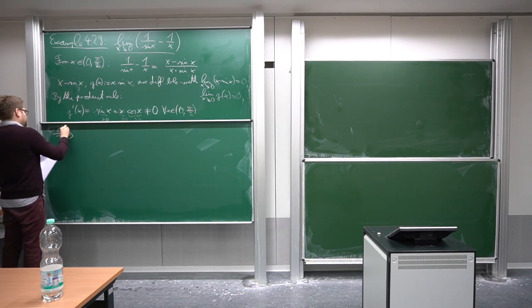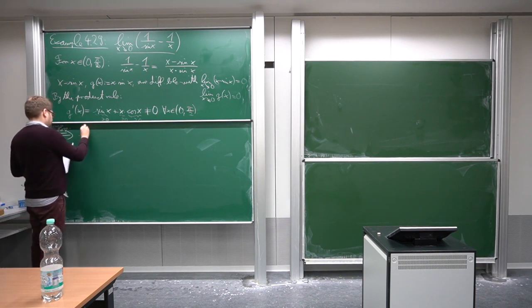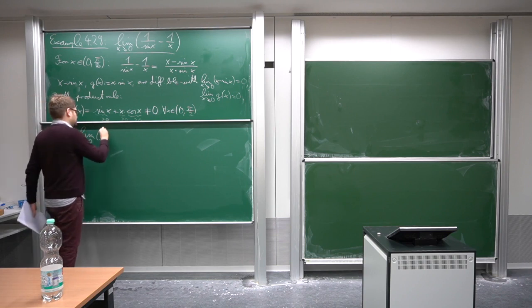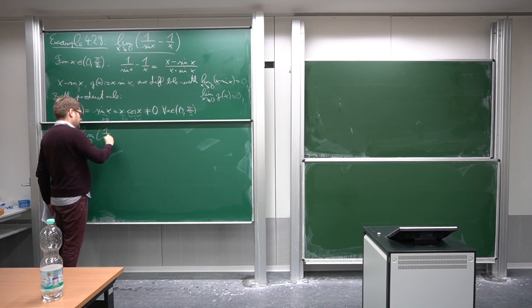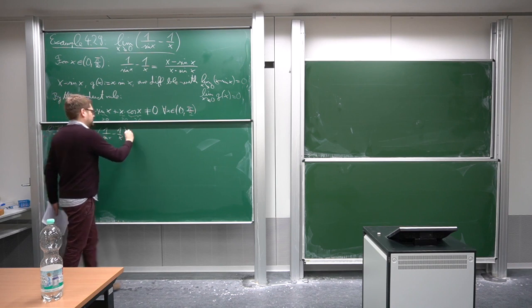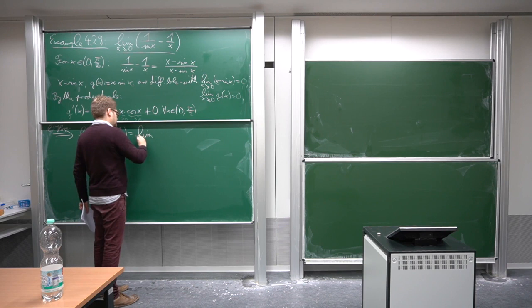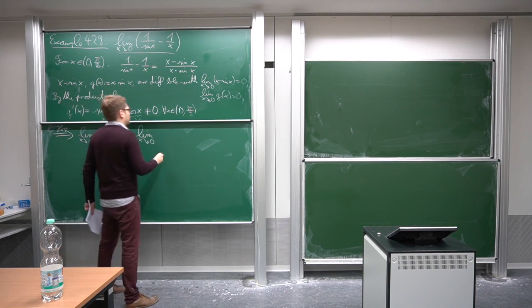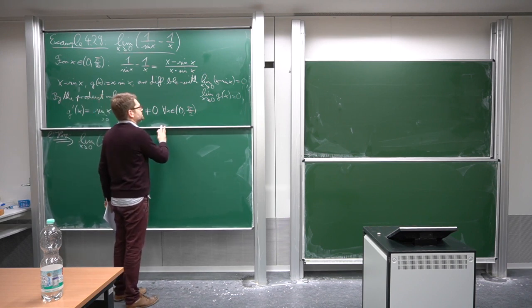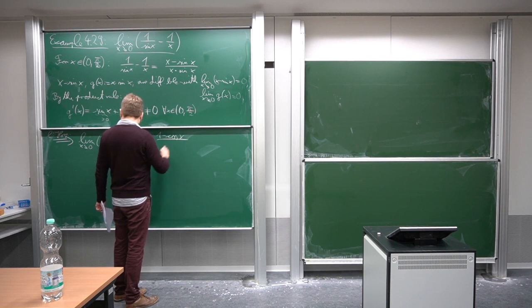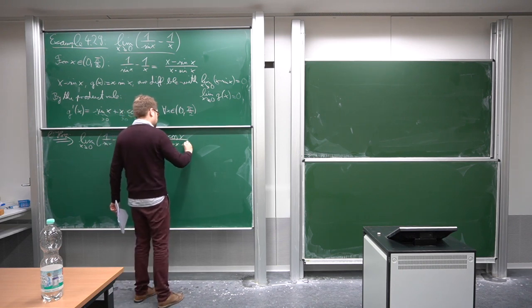The assumptions are met. So we know that the limit of x going down to 0 of the expression we started with, 1 over sine x minus 1 over x, is the limit of x going down to 0 of the quotient of the derivatives. The derivative of the numerator is obviously 1 minus cosine of x, and here we have sine x plus x times cosine of x.